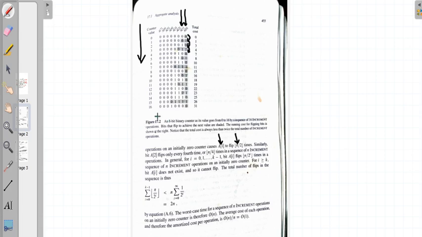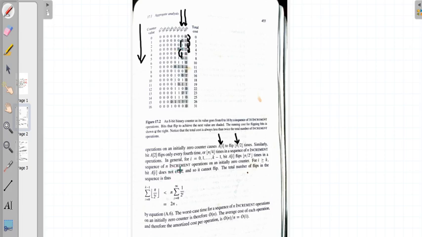And then if we sum it up, that will give the total cost, because we are measuring the time complexity here in terms of the number of bit flips, which is exactly what happens whenever we increment the binary counter, right? So for A1, every other time: 0 0 it remains the same, then 0 to 1 it flips, then 1 1 it remains the same, then 1 to 0 it flips, and so on.